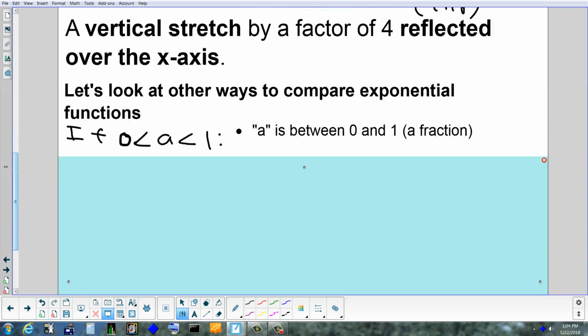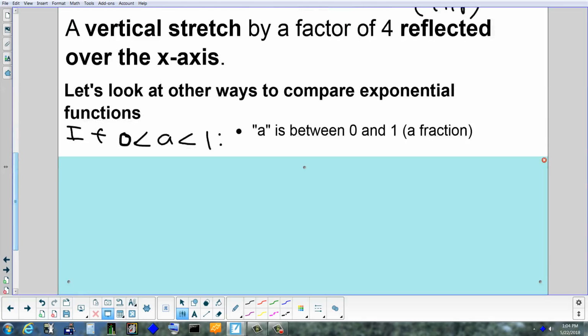All right, so now, we didn't deal with this case yesterday. This is on your guided notes. If A is between 0 and 1, okay? We looked at cases where A was bigger than 1. If it's bigger than 1, the graph stretched out. It got taller.